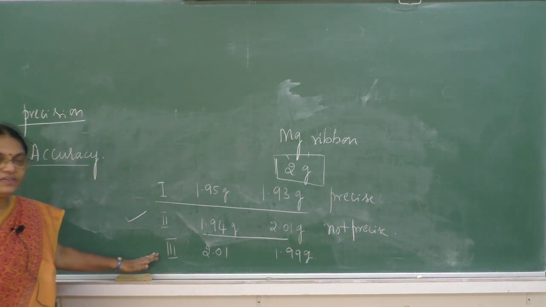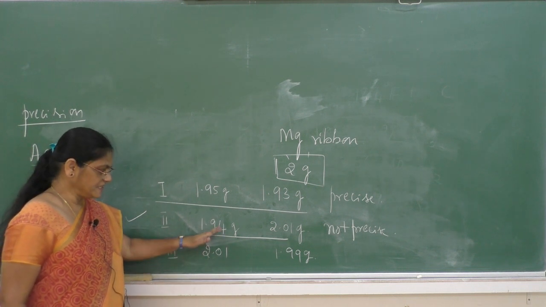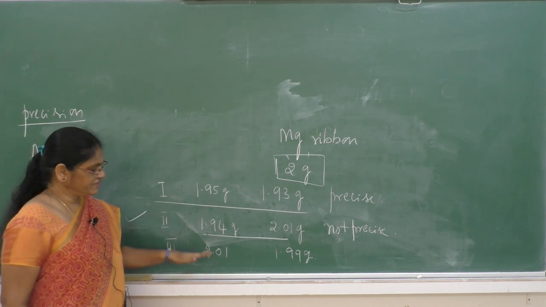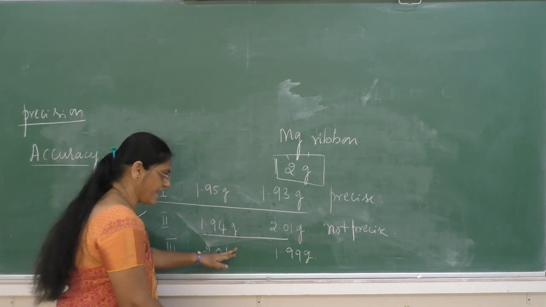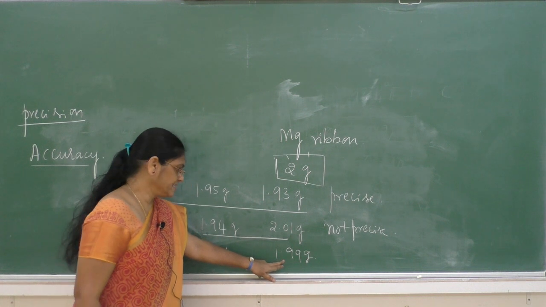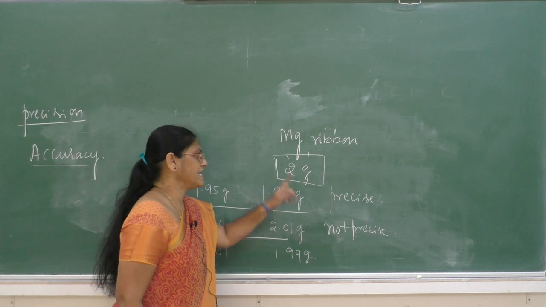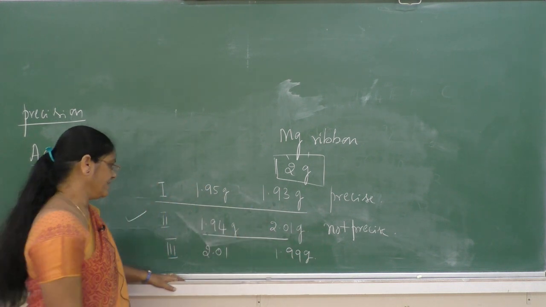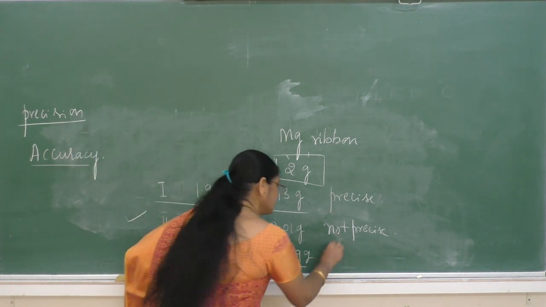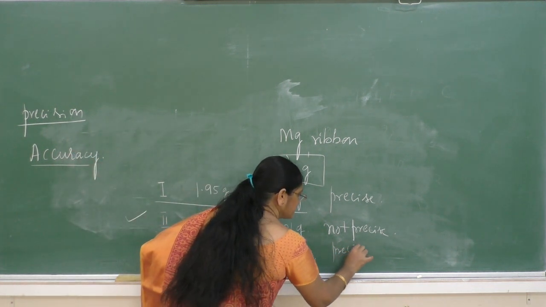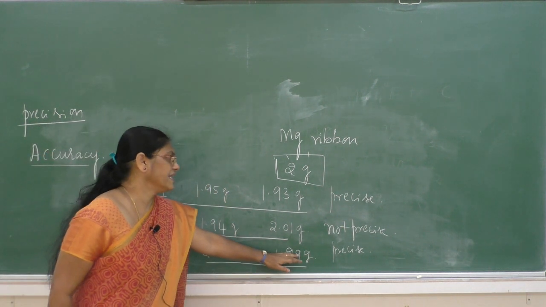Next, coming to the third student's measurements. The third student reports in the first measurement 2.01 grams, and in the second measurement 1.99 grams. Observing these two values, they are precise.